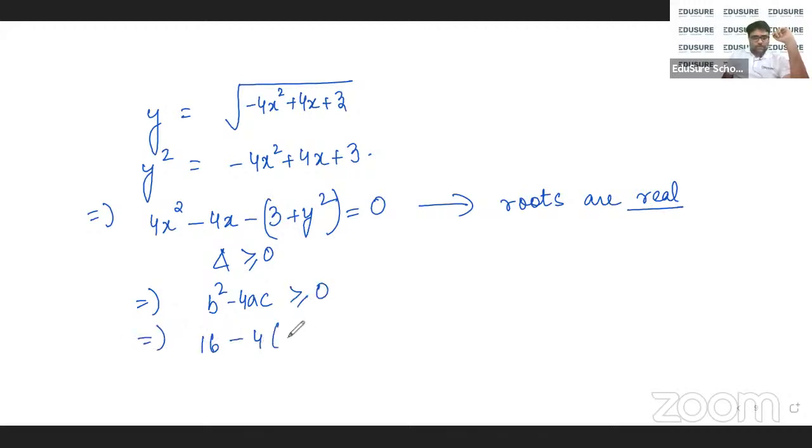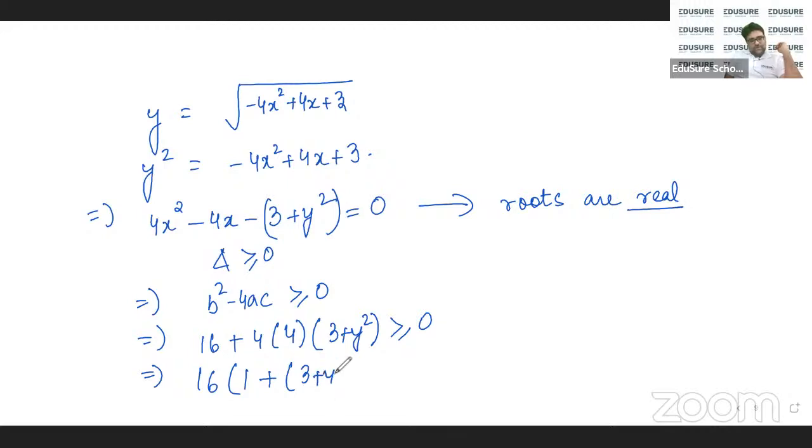16 minus 4 into a into c. It's minus 3 plus y square, hence I'm making it positive. Okay? 16 basically cancels out. Okay. What am I left with? I'm left with 16 common, 1 plus 3 plus y square.